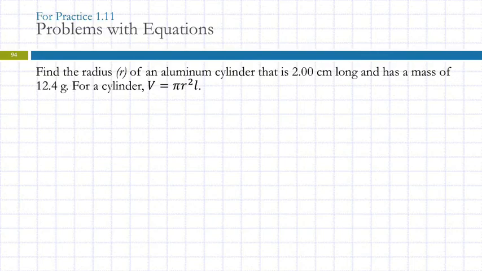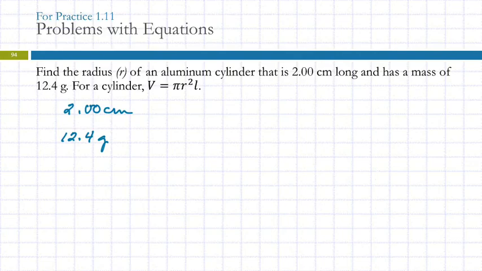Well, let's pull out the numbers. We've got 2.00 centimeters, and we have 12.4 grams. And we got that equation. So this 2 centimeters, is that one of the variables in the equation? What's the L stand for?